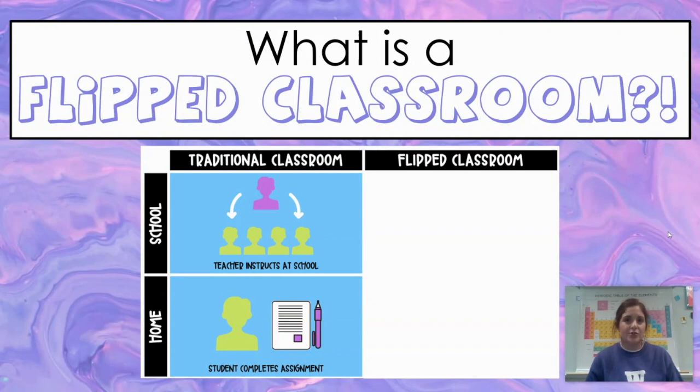As a chemistry teacher, I grew frustrated with this technique because I would do direct instruction in class, and my students would go home and come back the next day and say, I had no idea how to do this. I had no idea what I was doing. And it really aggravated me because I was like, I know we did it in class that day.